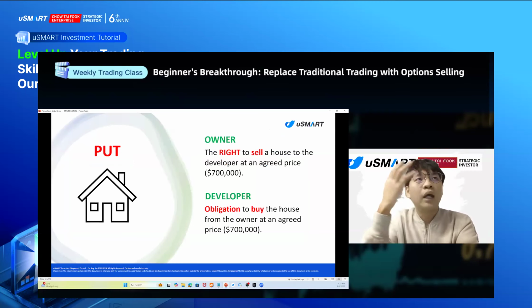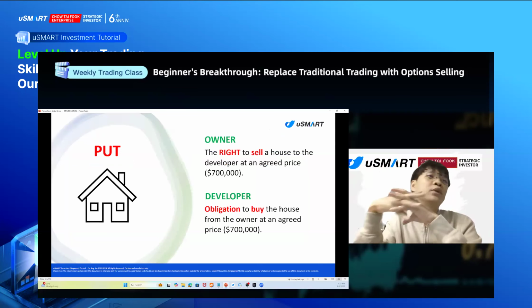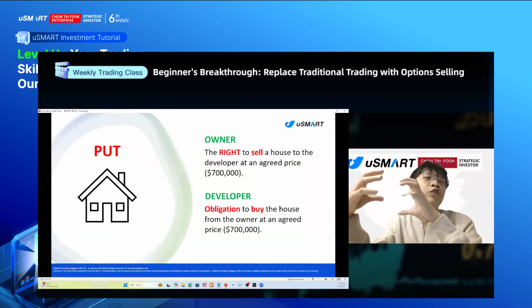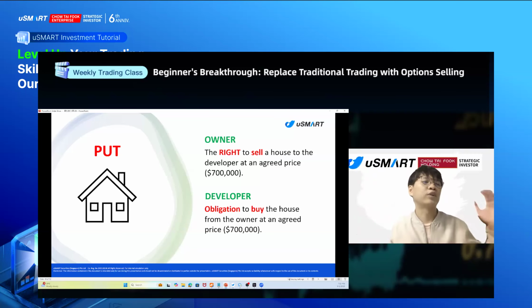So I want to form this contract because I'm afraid that in the future, my property value is going to drop heavily, like a falling knife. So I make a contract with the other party, in this case the developer. The developer offers me a bet to just secure my property value. So if my property value drops to a certain level, the developer will just buy it from me.